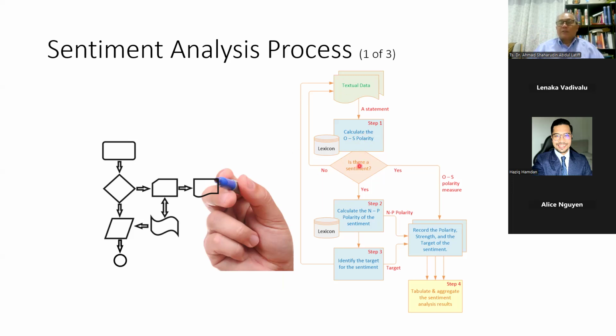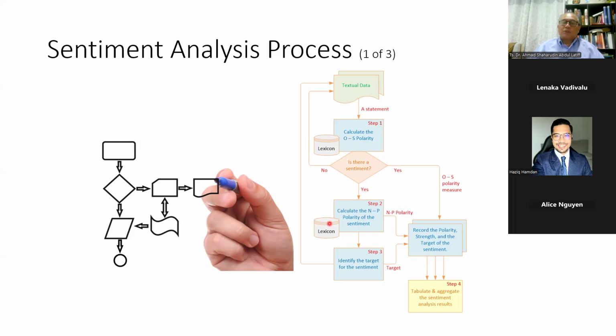If there is sentiment, then you will determine whether it is an objective or subjective measure, and then we will look into the polarity of the sentiment, whether it is negative words, a negative comment about the product, the service, the company, or a positive thing that people like about the company.